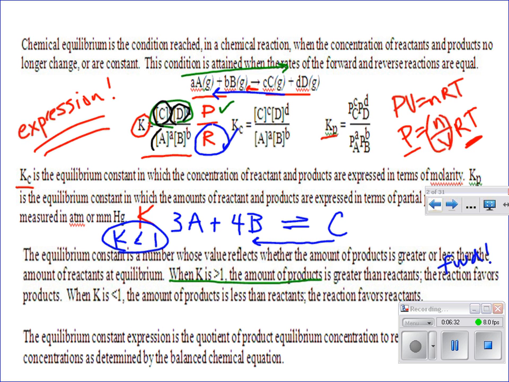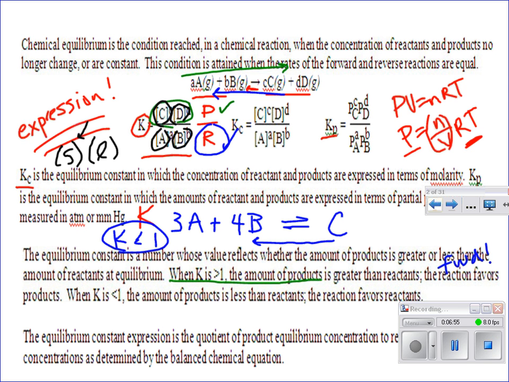These are concentrations, right? So we know that we can have solutions with concentrations, like aqueous. Gases can have concentrations. What can't have concentrations? Solids are pure. So if you have a solid in an equation or a pure liquid in an equation, you do not put those in the equilibrium expression.